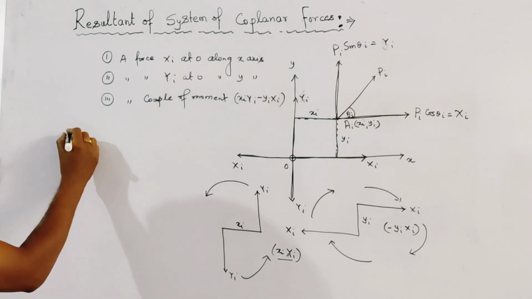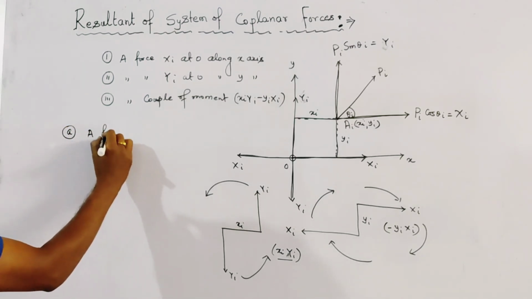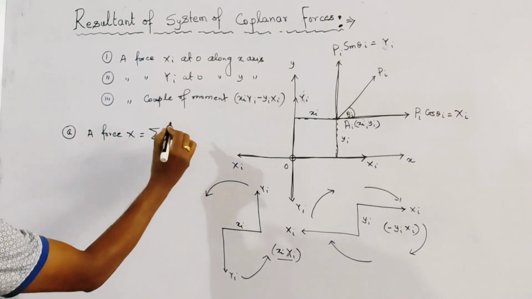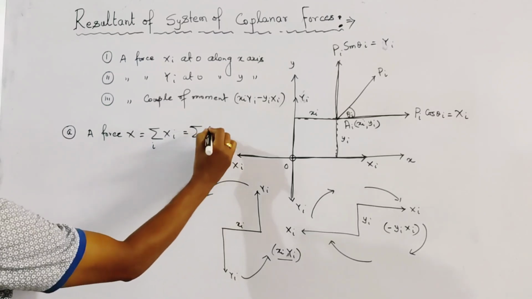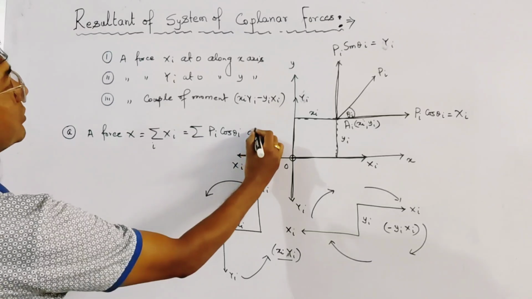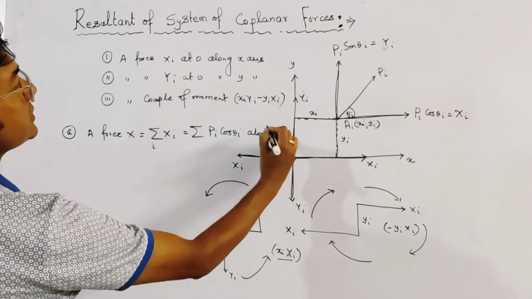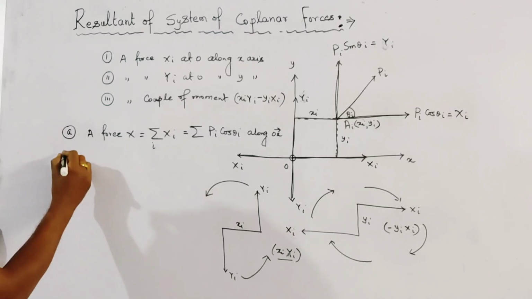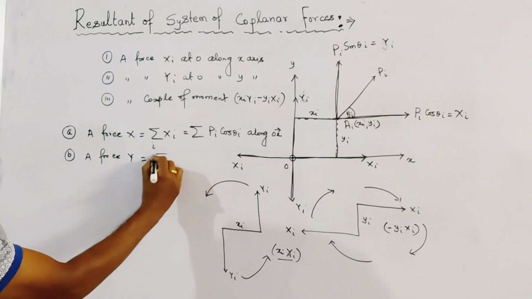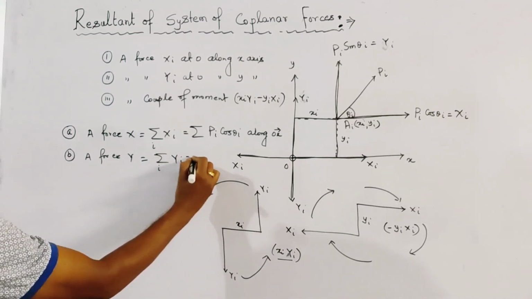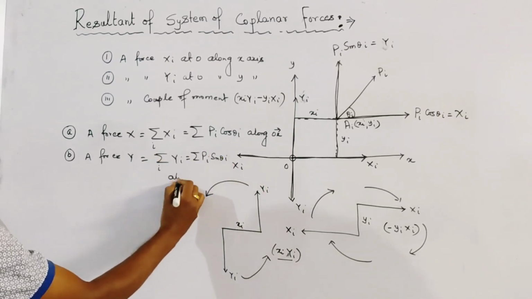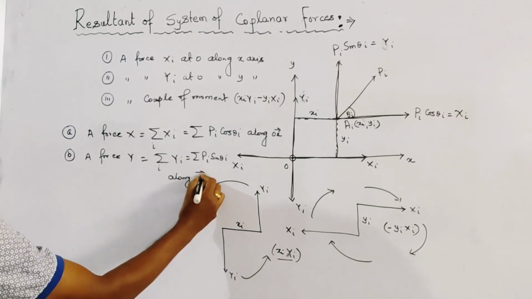The first part is a force capital X, equal to the summation of Xi over i, or the summation of Pi cos theta, along OX, that is the positive direction of the x-axis, and the second is a force capital Y, the summation of Yi, which is the summation of Pi sin theta, along OY.